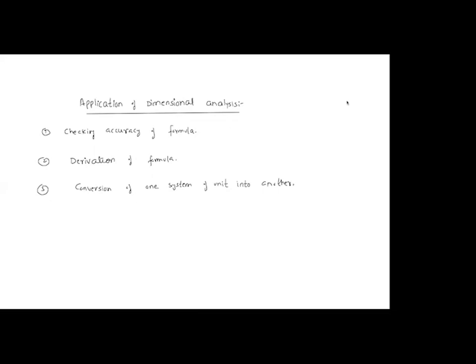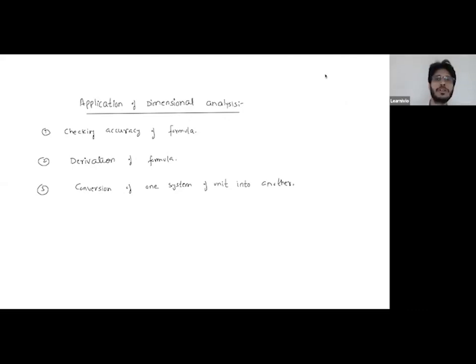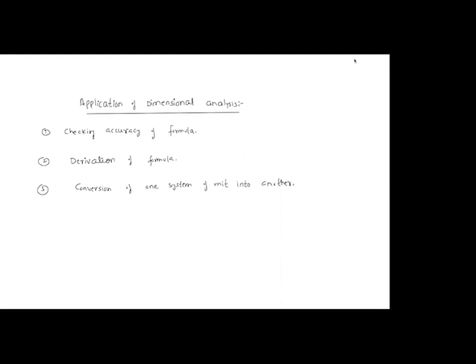First is checking the accuracy of a formula. Second is derivation of a formula, and third is conversion of one system of units into another. All three applications are based on the same principle of homogeneity of dimension. Just note it down, then we'll start with the first application.